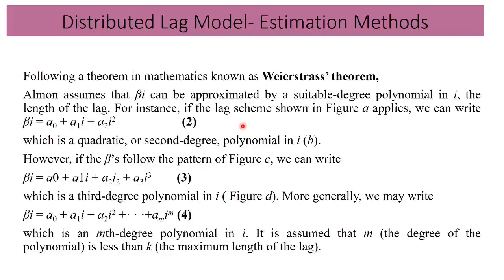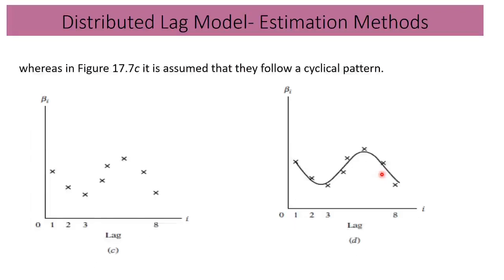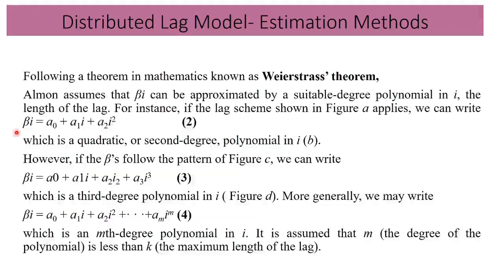If the lag scheme shown in figure A applies, we can write beta i equal to a0 plus a1 i plus a2 i square. That is, if this is the pattern, then using the Weierstrass theorem we can define beta i as follows: beta i equal to a0 plus a1 i plus a2 i square. It is a quadratic or second degree polynomial in i.